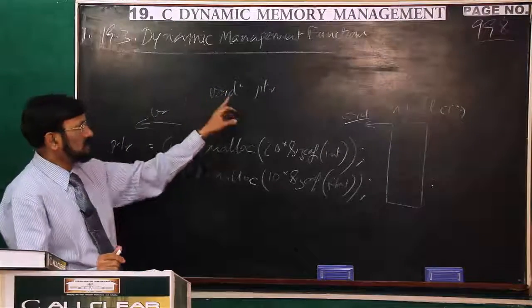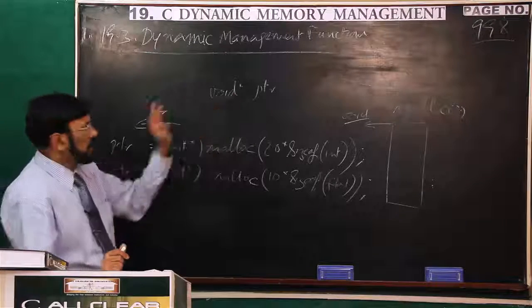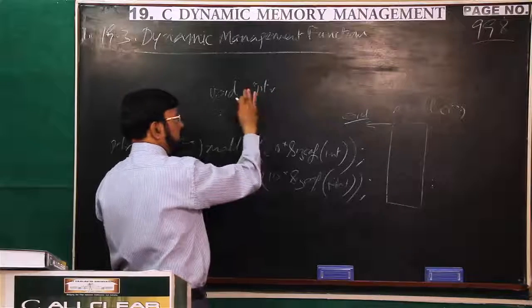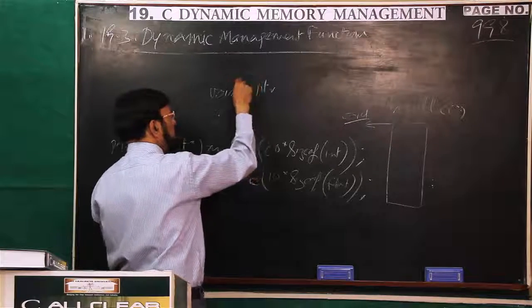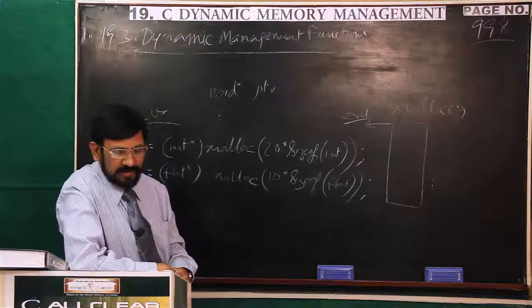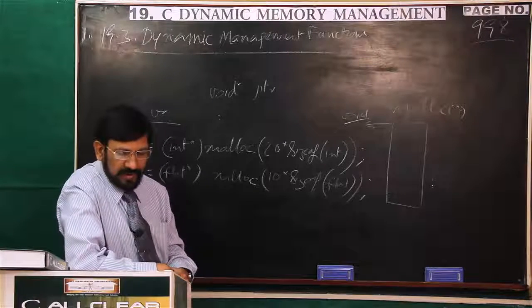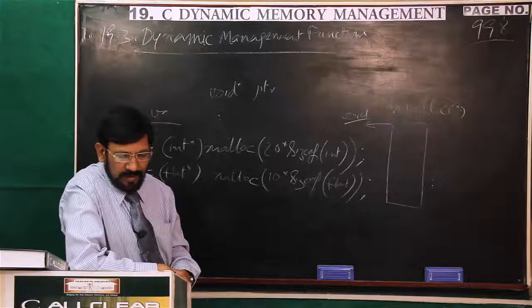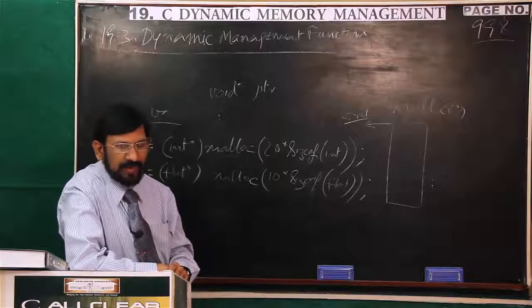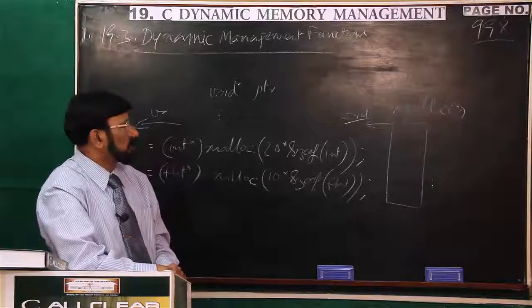So always you practice it, and sometimes if I do this also, it is correct syntactically, no problem. But if you put it here, it is more meaningful. Now you see I am typecasting a pointer into integer type, 13th line, and typecasting a pointer into floating point type, and typecasting a pointer of void type into character type. In that way, we have to make the typecasting.